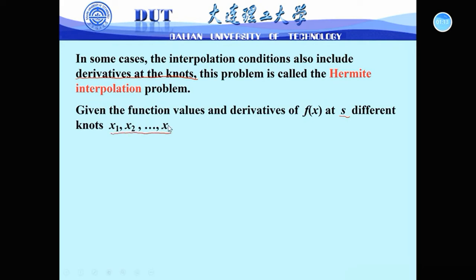By Lagrange interpolation, we only use function values. But now we need to also use derivatives. So here, at x1, we have, for example, the function value and first order derivative at x1 up to the alpha 1 minus 1 order derivative at x1.